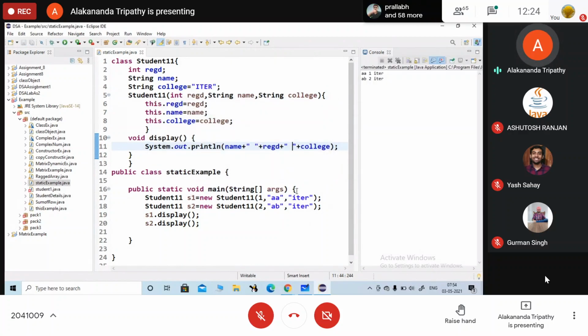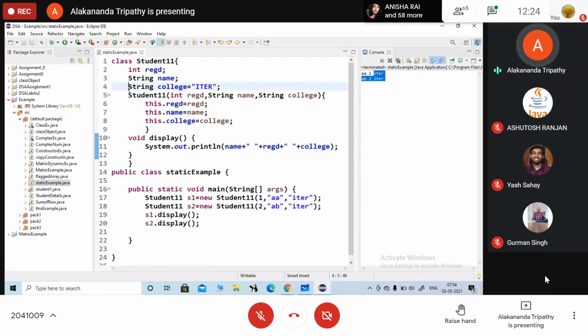Okay. Now what is happening here? Look, name and registration number are both different, but the college name here is the same. So how much memory space is being created in one object? 3 spaces are being created in order to store name, registration number and college.